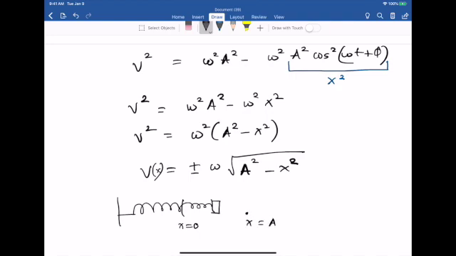So when the mass is at some x, I'm asking what velocity it has. Now, it could be moving to the right when it's at x, or it could also be on its way back and moving to the left. And that's why the math is giving us a plus minus sign, because the velocity could be either to the right or to the left when it's at this particular x.